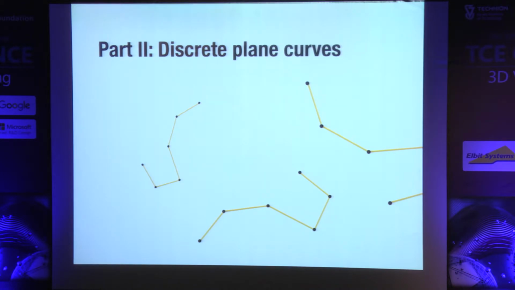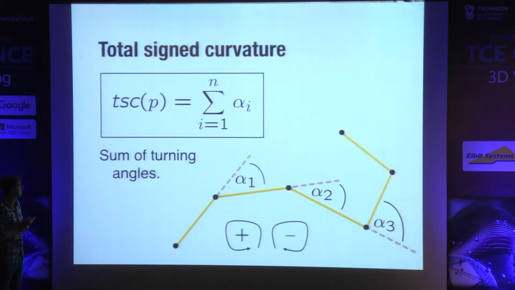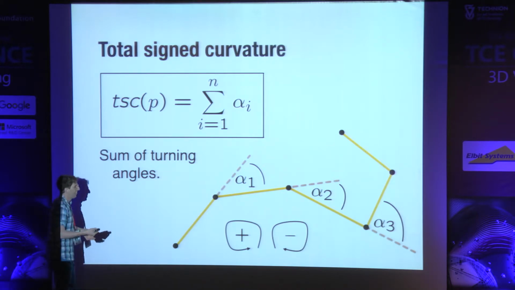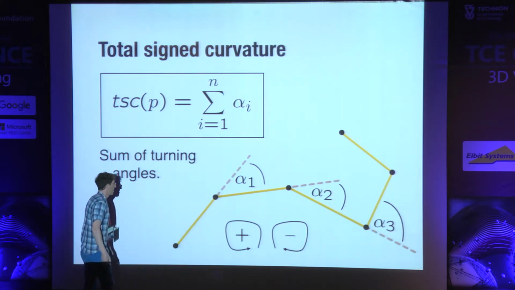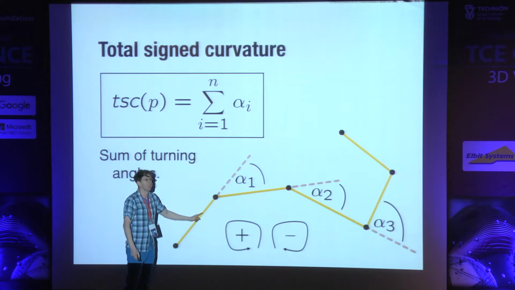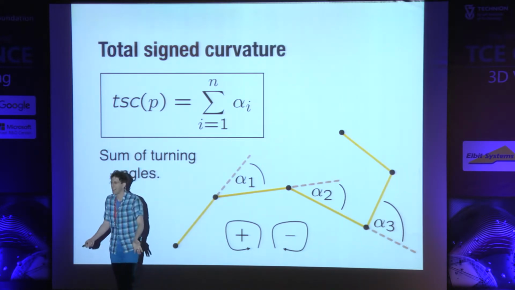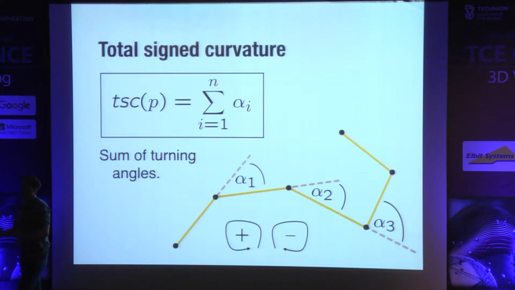So let's look at discrete curves. Here we'll define discrete curves as a bunch of points connected by straight lines. And there are many ways you could think of defining curvature here. We can't just literally take the definition from the smooth setting, because how do you fit a circle? Here you get a circle of infinite radius, and here you cannot exactly fit a circle. So we need to invent some other sort of definition.